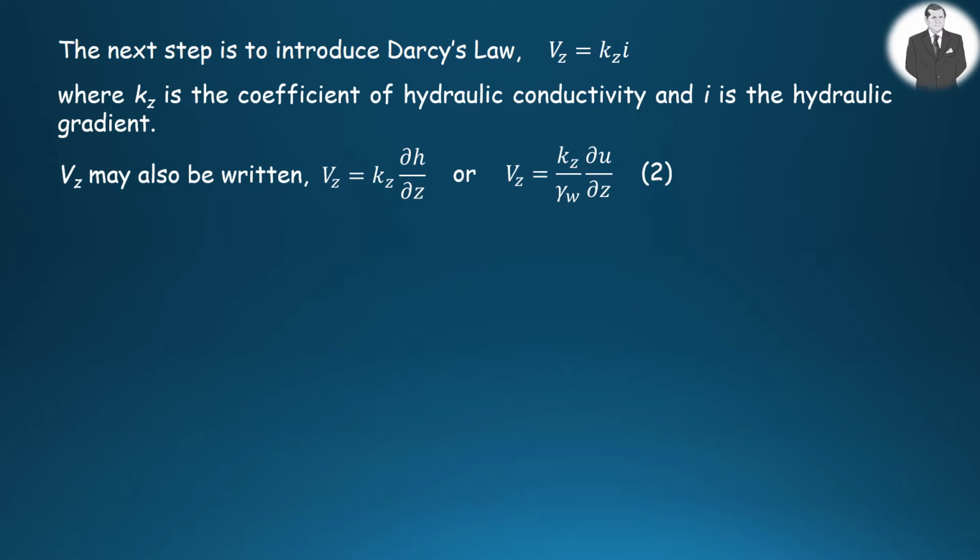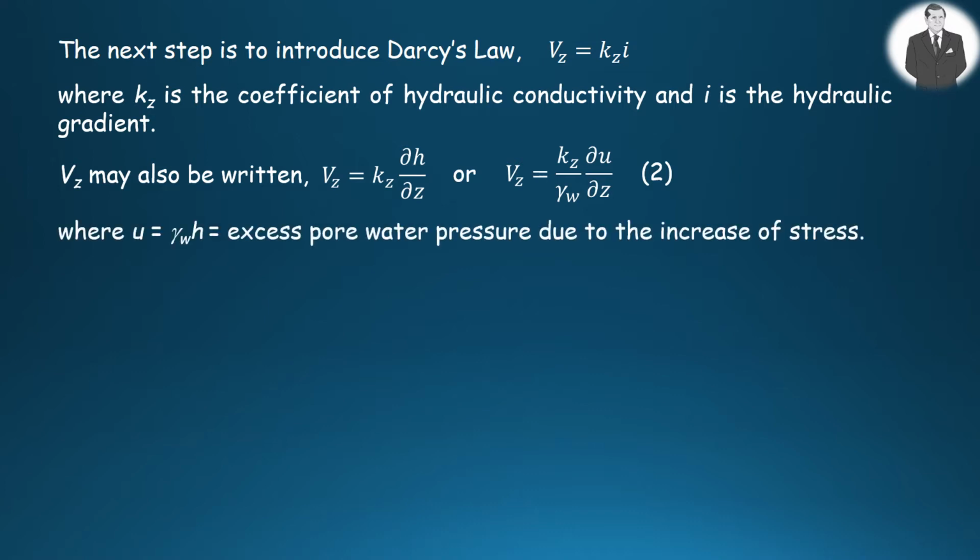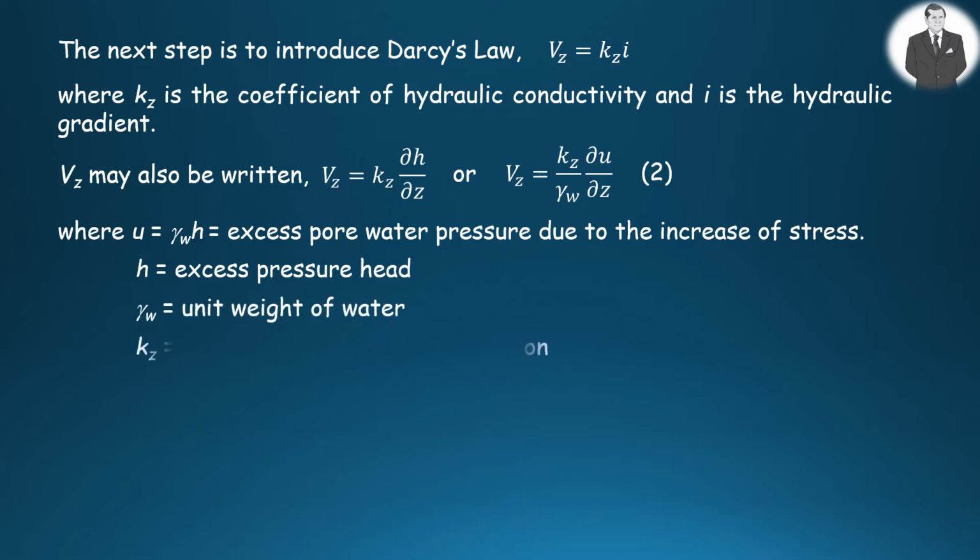V sub z may also be written as K sub z times delta h over delta z, or K sub z over gamma sub w times delta u over delta z, where u is the excess pore pressure due to increase of stress, which is equal to gamma sub w times h. h is the excess pressure head.